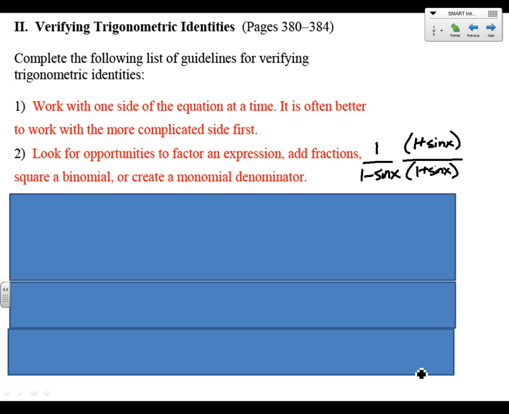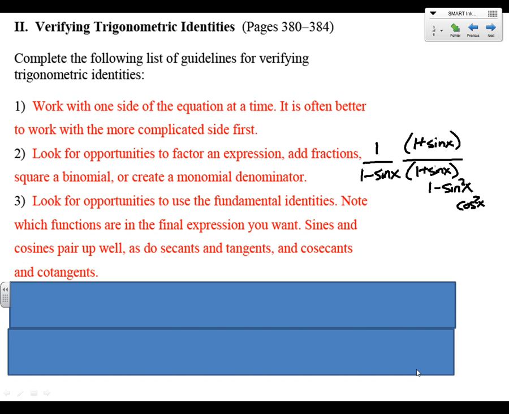If we do that and multiply it out, we're going to end up with 1 minus sine squared x, just talking about the denominator here. And that, as we should know by now, is cosine squared x. So that's an example of how we would turn a binomial denominator into a single term monomial denominator.